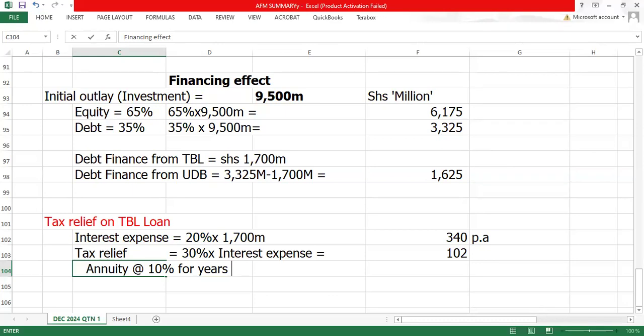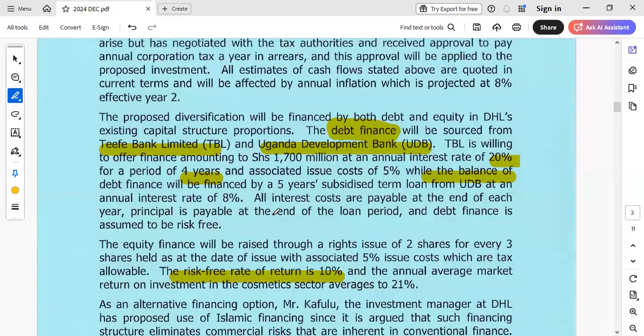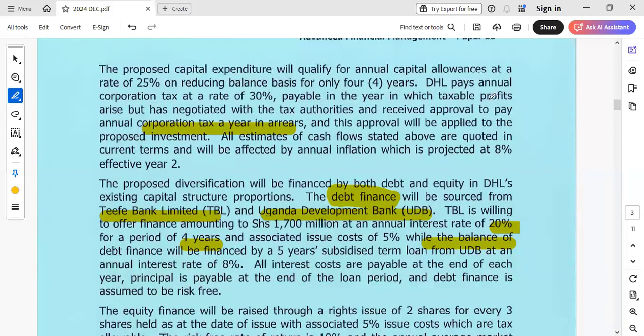So what are you going to do? The tax relief, the examiner told you that these taxes are claimable according to what? Are they claimable in the year you earn, or in arrears? In which taxable profits arise, but you have negotiated with tax authorities and received approval to pay annual corporation tax a year in arrears.